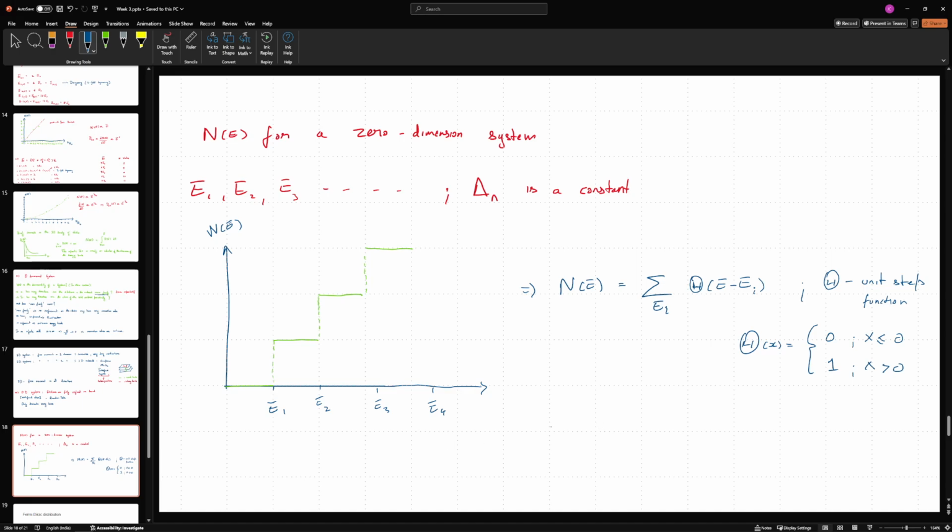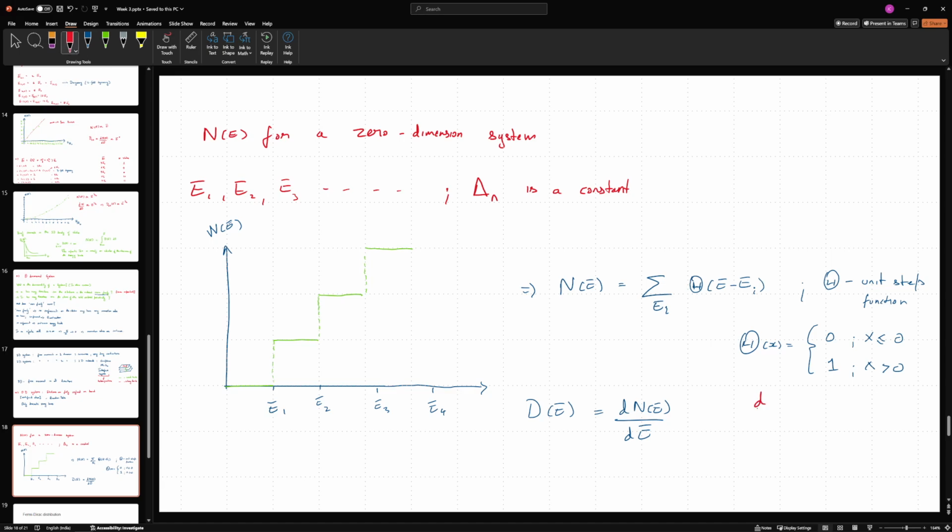Now, the density of states, d of E, is the derivative of this function, dn of E by dE. And the derivative of the theta function is what we saw last week.